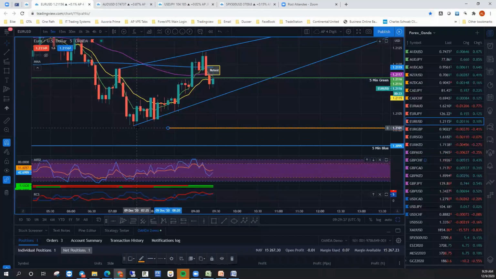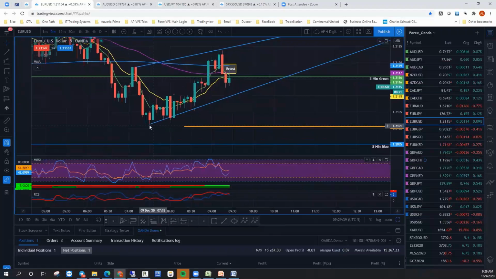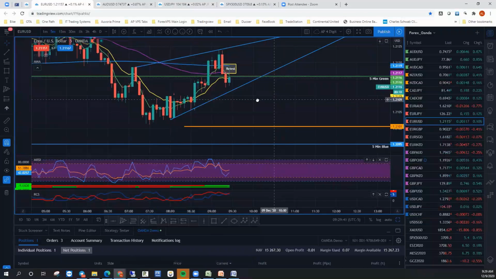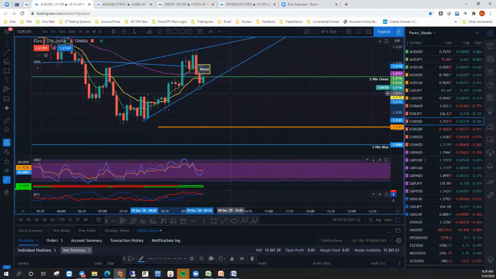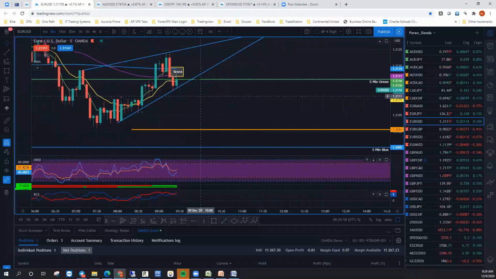The 5 crossed the 1 minute 62. 5 minutes 62, it appears. Yep, we have a 5-minute cross of the 62. We have a break of the 13. We had the retest.